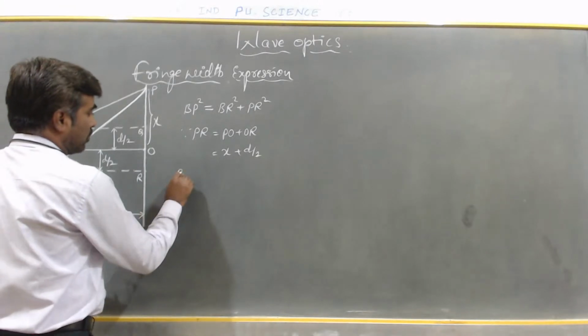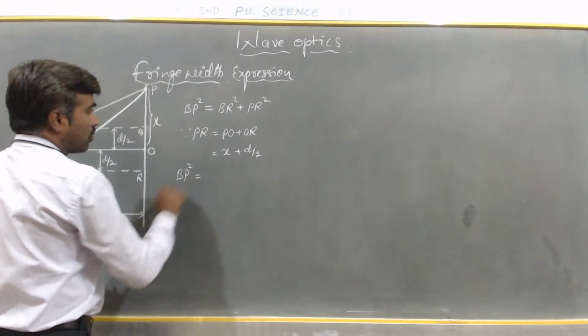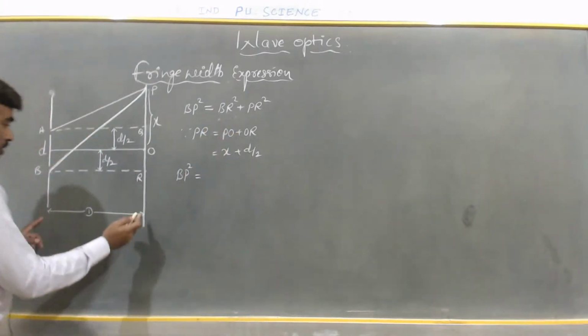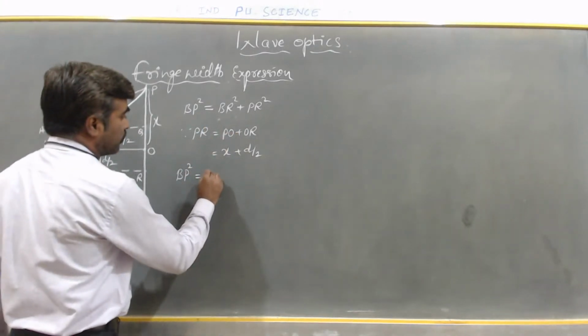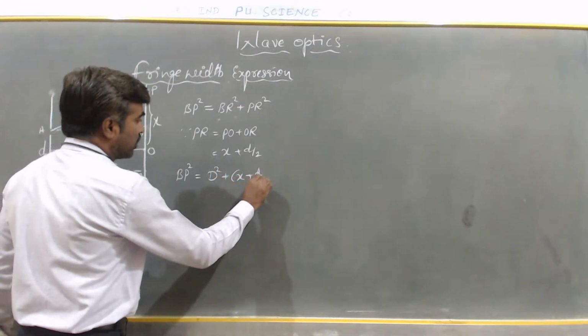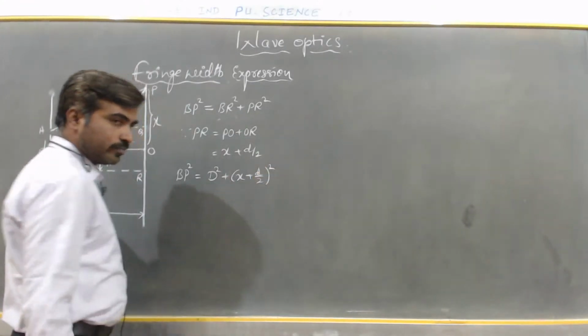Hence BP square equals, we can write BR square is capital D square plus x plus d by 2 whole square.